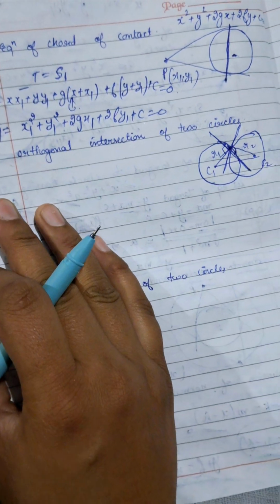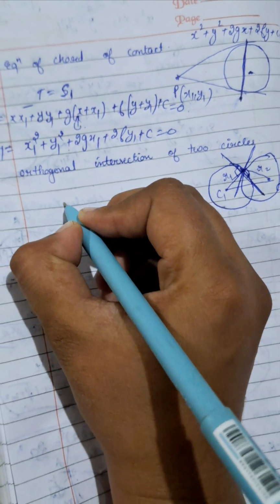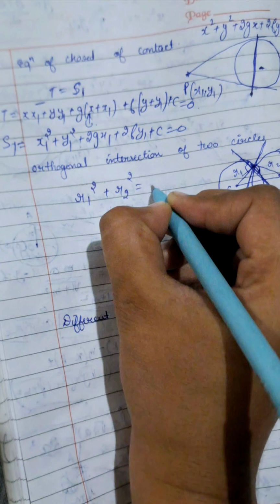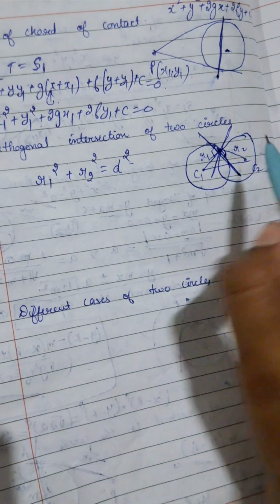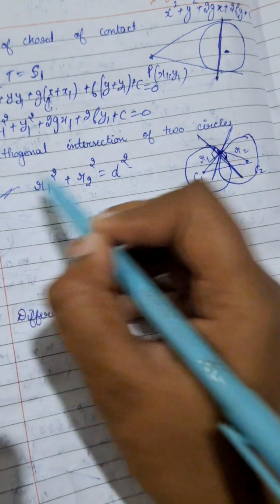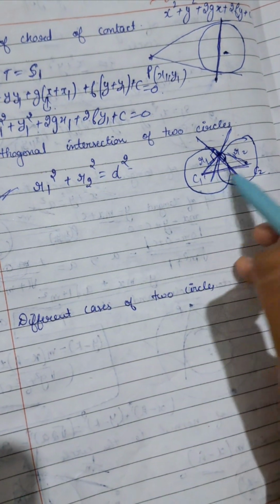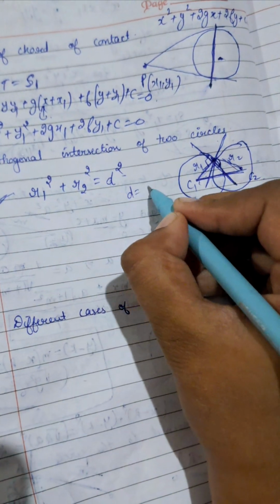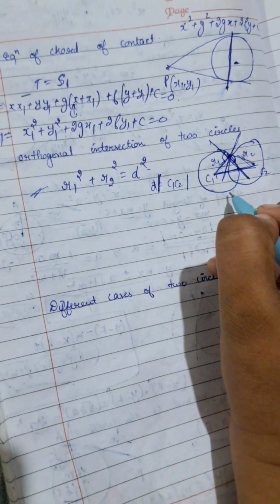Then the condition is r1 square plus r2 square equals d square. This is the condition for orthogonal intersection of two circles: r1 square plus r2 square must be equal to d square. d is the distance between c1 and c2.